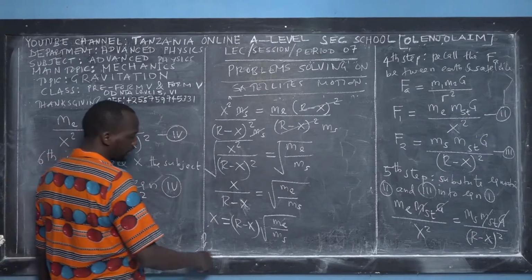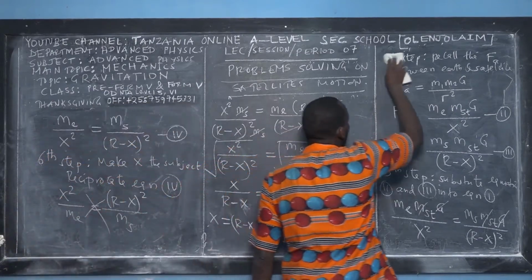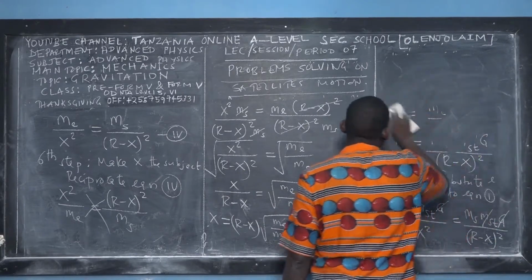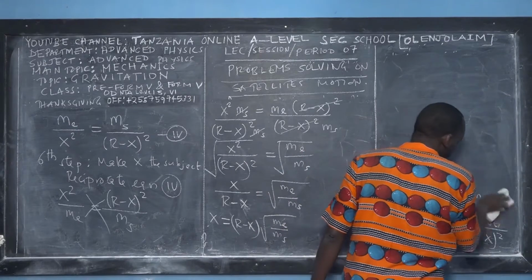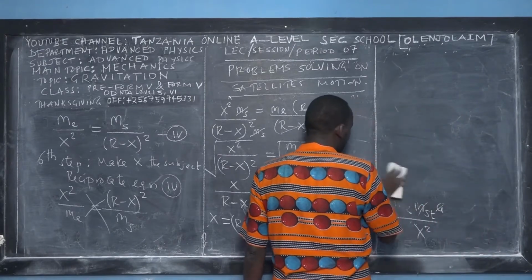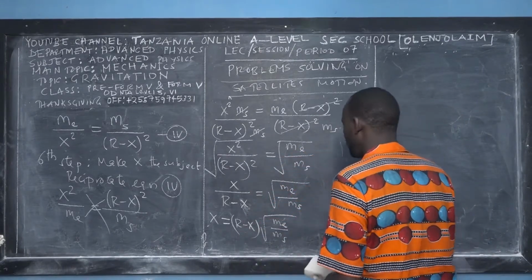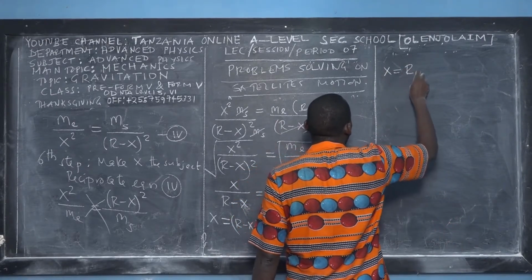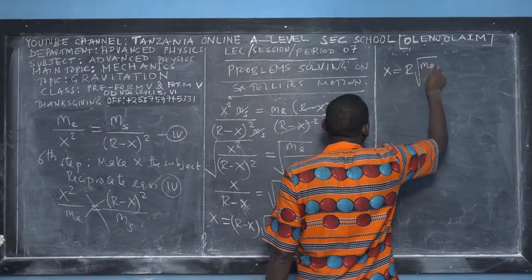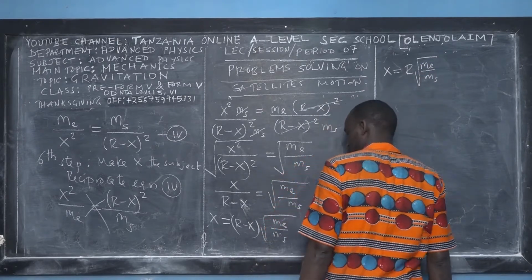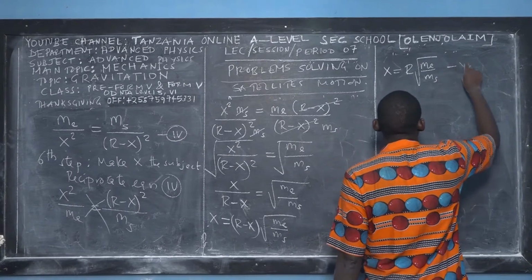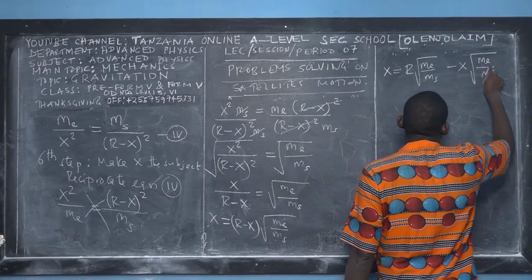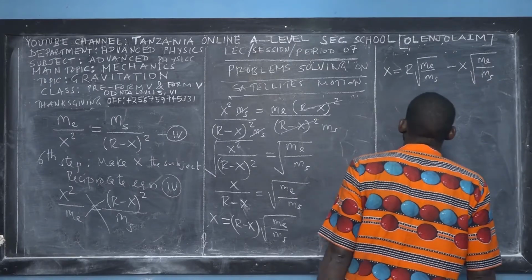If we keep on simplifying the expression, we find that x is equal to r times the square root of the mass of the S over the mass of the sun, minus x times the square root of the mass of the S over the mass of the sun.